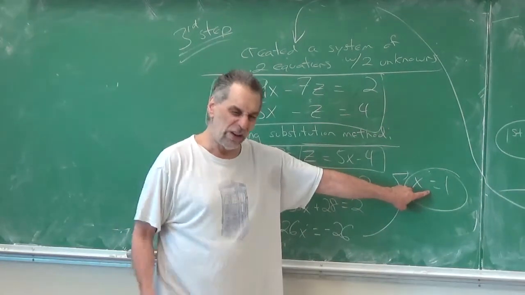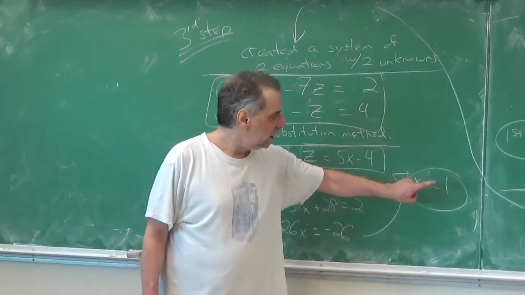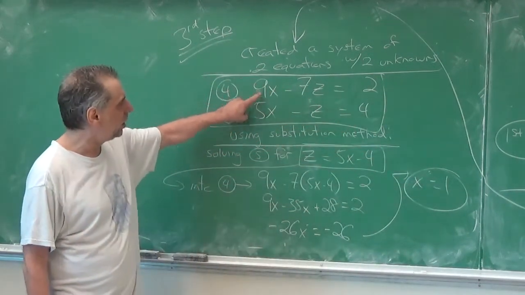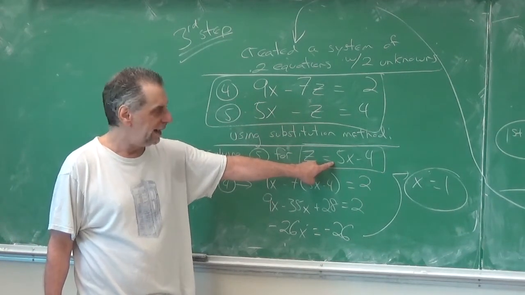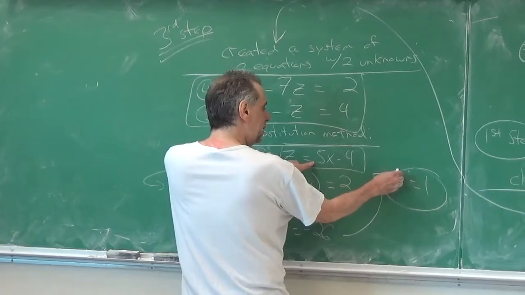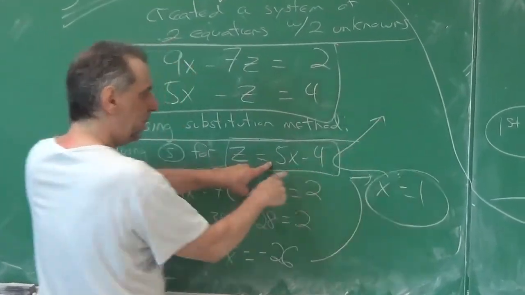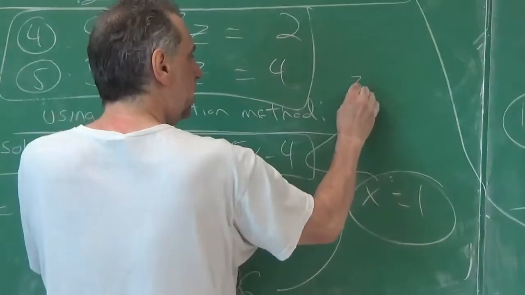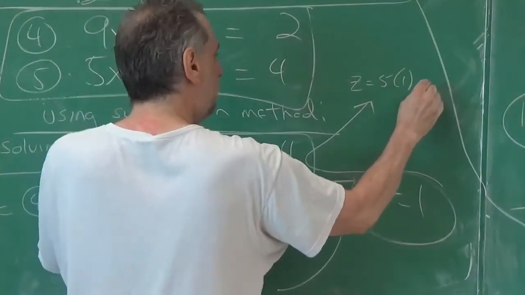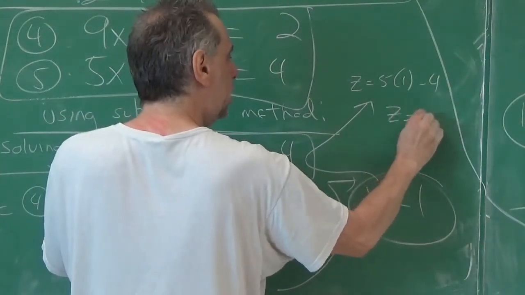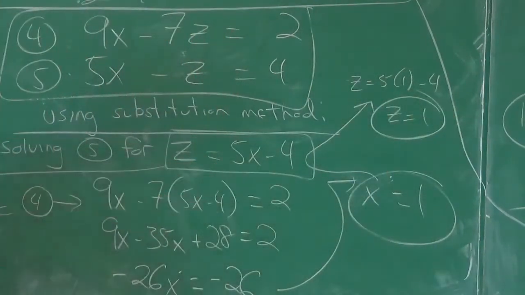Now I have one of the three unknowns. Now I can plug this into either here, or even here, probably be easiest, right? I can just plug it in here to get the z. So I'm going to take this and plug it into my z equation and get z is 5x minus 4, so z is also 1.